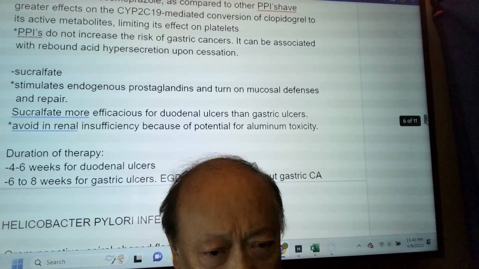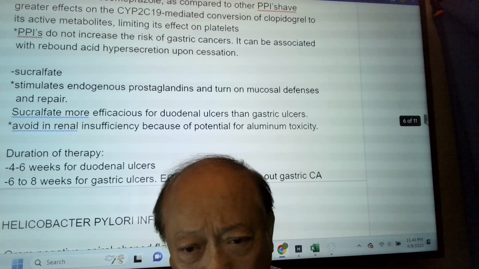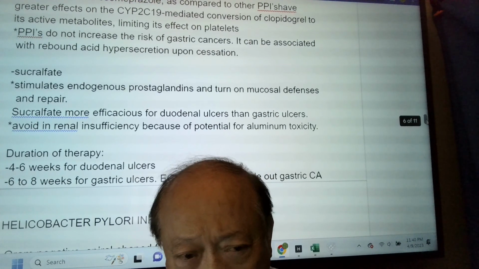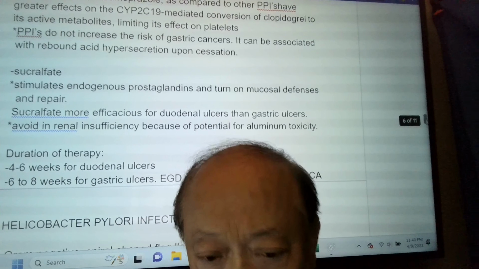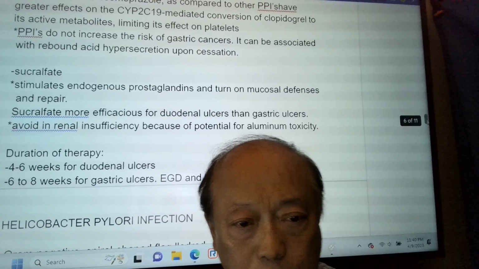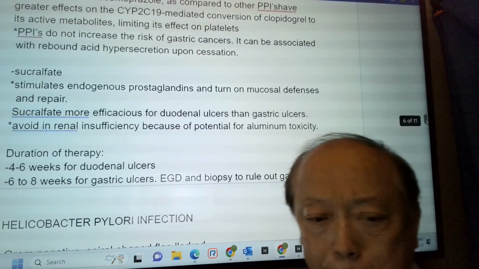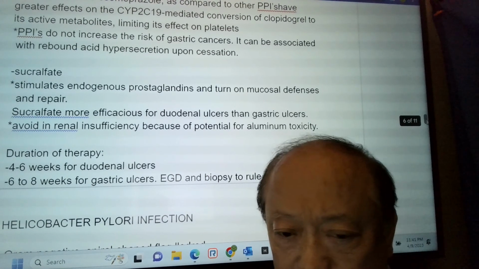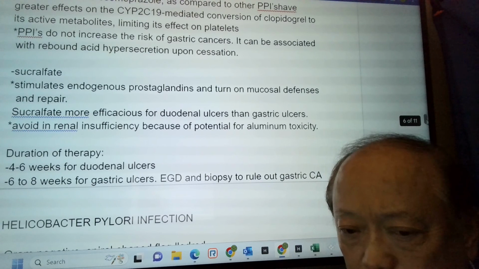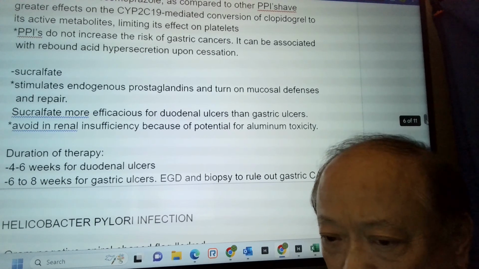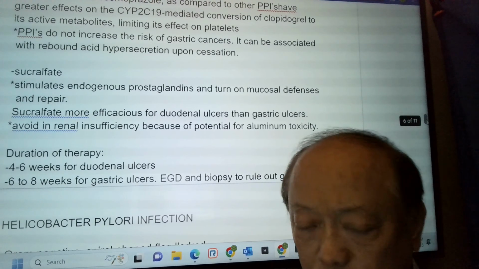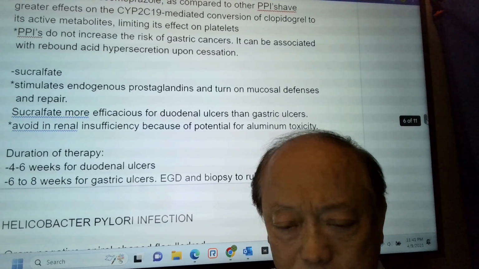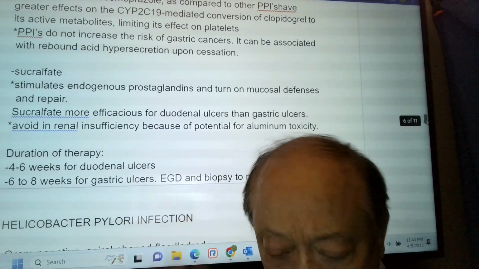Avoid using sucralfate in renal insufficiency because of the potential for aluminum toxicity. Duration of use for sucralfate: 4 to 6 weeks for duodenal ulcers, 6 to 8 weeks for gastric ulcers, and EGD and biopsy to rule out gastric CA if you're going to use sucralfate for gastric ulcers.